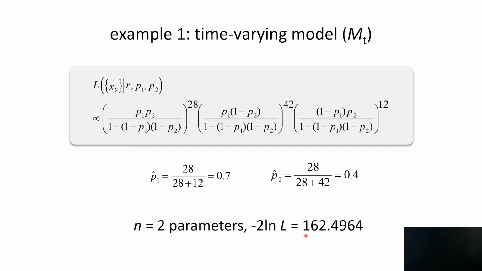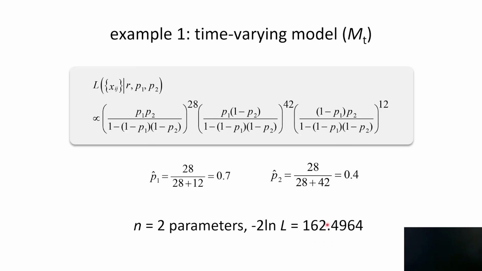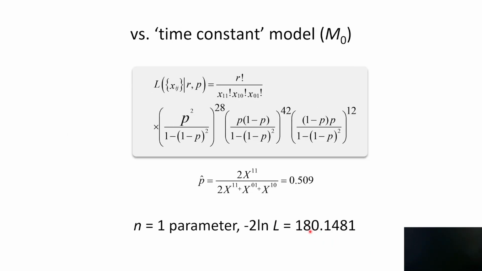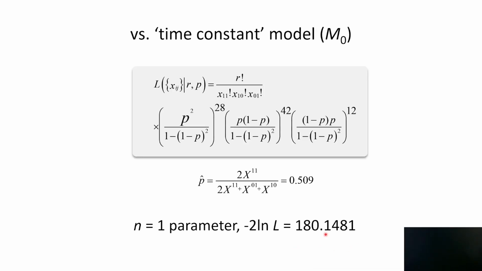And we expect a model with more parameters to fit better. It's a bend to your ruler. So 2 parameters, 162; 1 parameter, 180. 162 is smaller, closer to 0 than 180. So right away, we see that the model with more parameters seems to fit the data better. But is that difference between 162.5 and 180.1 significant?